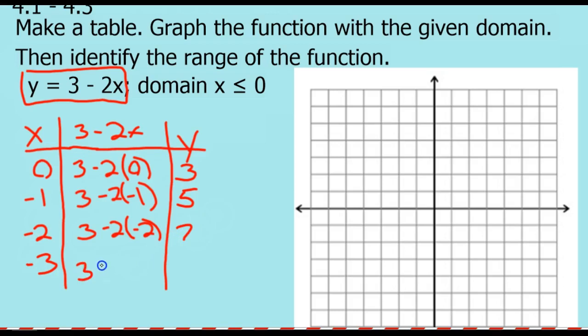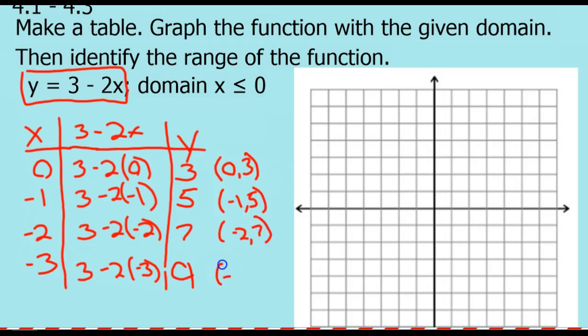And then finally, 3 minus 2 times negative 3, sorry. Negative 2 times negative 3 is 6, plus 3 is 9. So our coordinates then are 0, 3, negative 1, 5, negative 2, 7, and negative 3, 9.